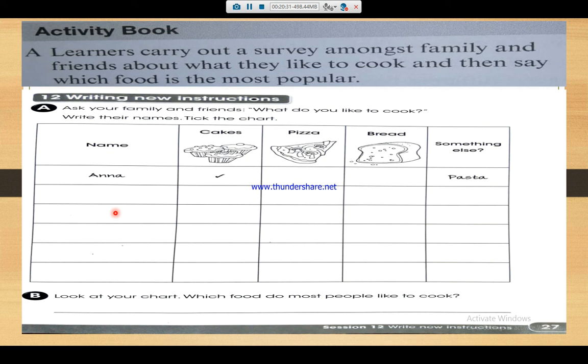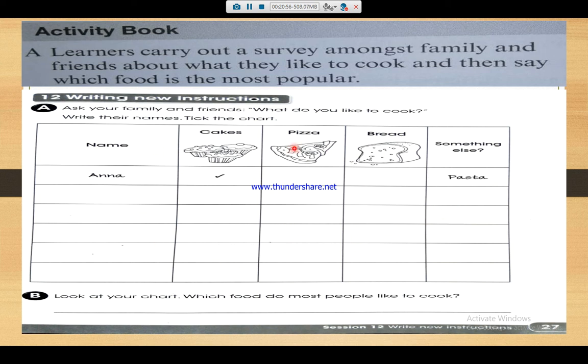You're going to write the name of your brother here, and you're going to ask your brother, do you like to cook cakes? And you're going to tick if yes. Do you like to cook pizza? You're going to tick it if yes. Do you like to cook bread? You're going to tick it if yes, or leave it if no. And here again the same question, what else do you like to cook?